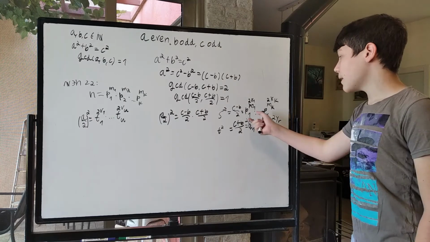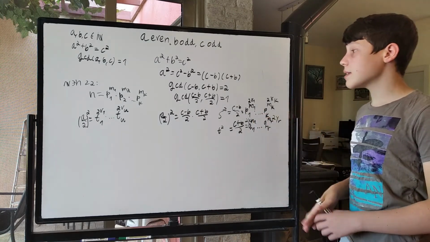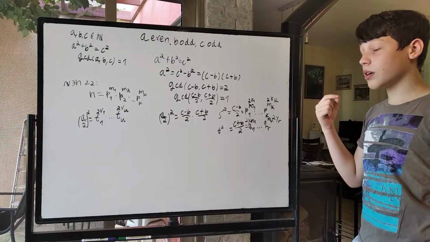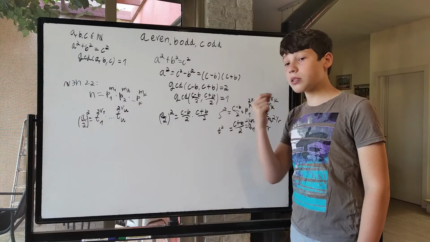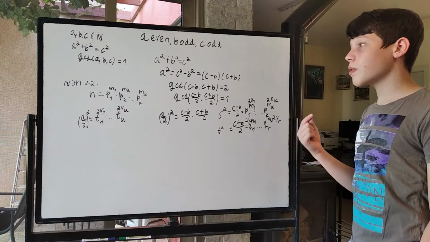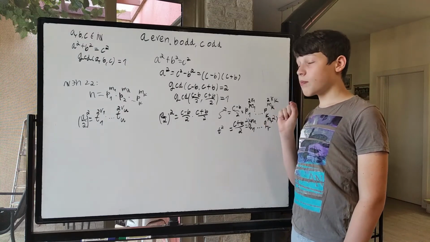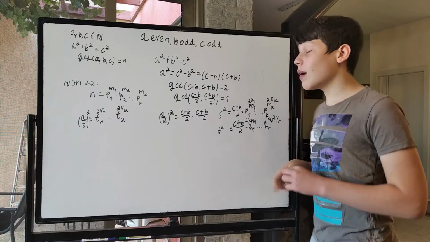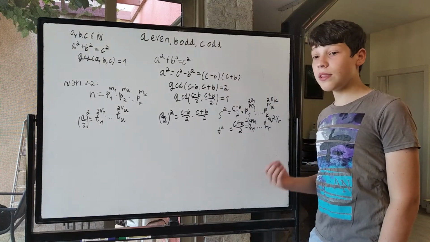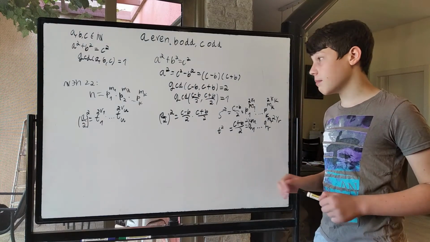But we know that these primes are different, and so this is a proper way to represent (a/2) squared as a product of powers of distinct primes. But from the fundamental theorem of arithmetic, we know there has to be exactly one way to represent it. And so if we get two ways, they have to be the exact same. All the primes have to be the same, all the powers have to be the same.